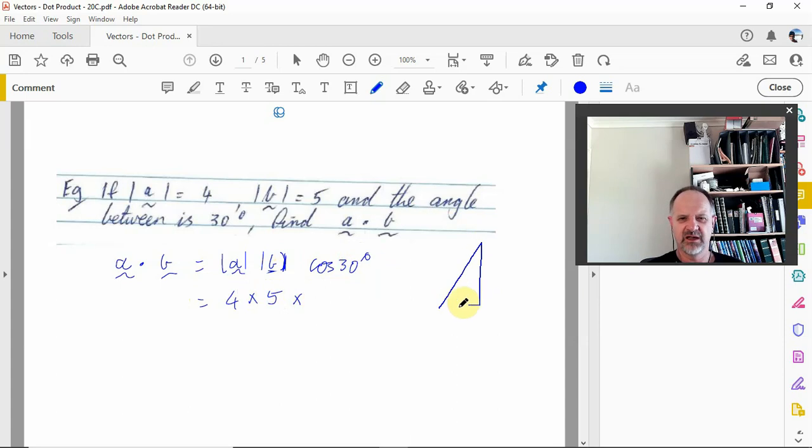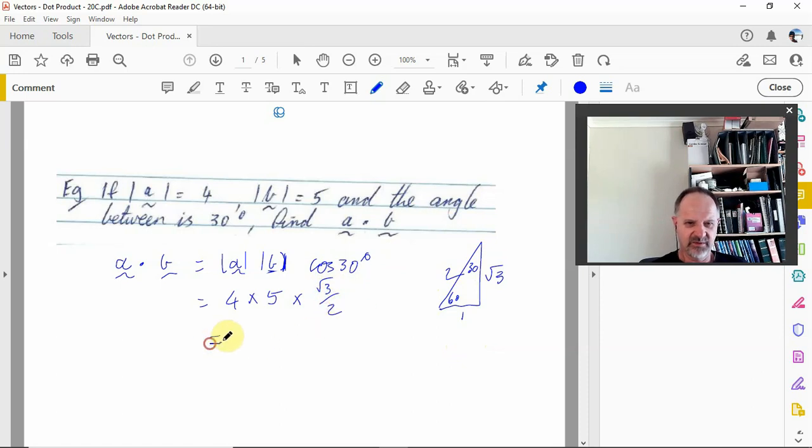That's one of our first angle exact values, so we should know that. This is a triangle I use to help me remember them. So cos 30, cos is adjacent over hypotenuse, so root 3 on 2.